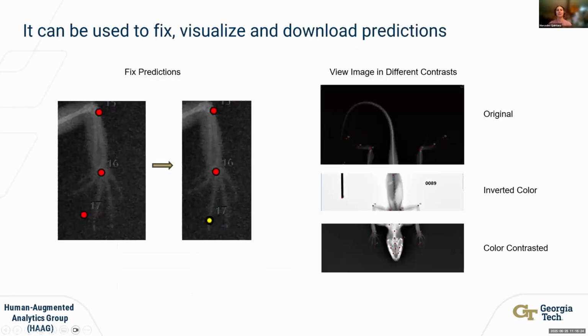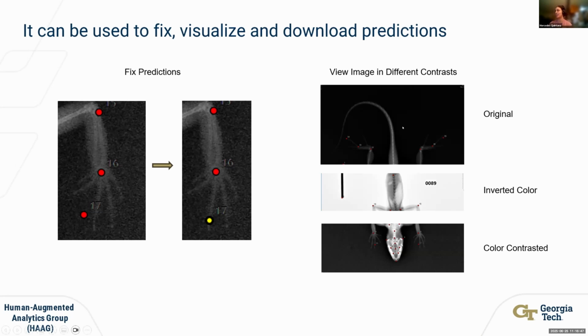The user interface can be used to fix predictions. You can see here that the model predicted landmark 17, which is supposed to be on the toe, kind of just here in the ether. Using the tool, I was able to just scoot it back over. That was no big deal. The other thing we do is view the image in different contrasts.